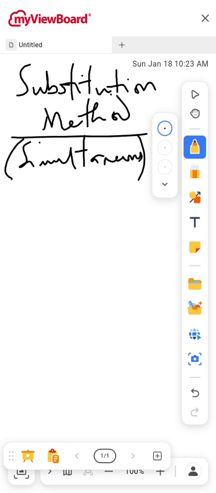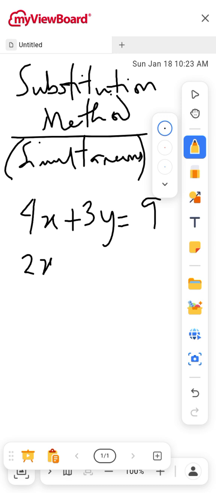So what if you have a question in which none of them has a coefficient equal to 1? Like the example on my screen here, we have 4x plus 3y equals 9, 2x plus 5y equals 15, and we are asked to use the substitution method. How do we go about this?